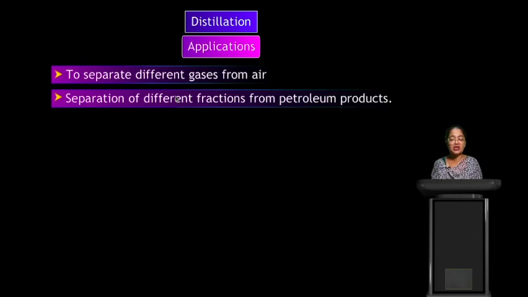And then the separation of different fractions from petroleum product. You have petroleum product, there is kerosene, there is diesel, and then how to separate them? There is the distillation column. We'll study about this further, but for now there's a distillation column, and once the same process goes through, all the petroleum products get settled down on the different parts. Once the mixture is boiling, one gas goes, condenses, and you get one product.